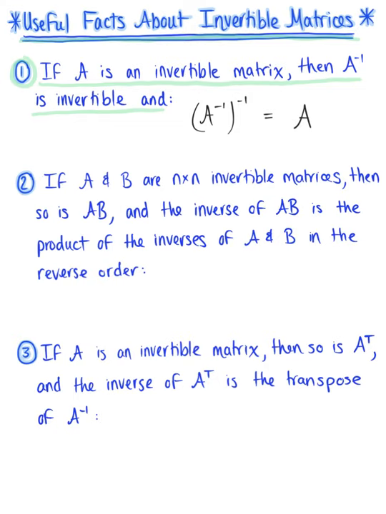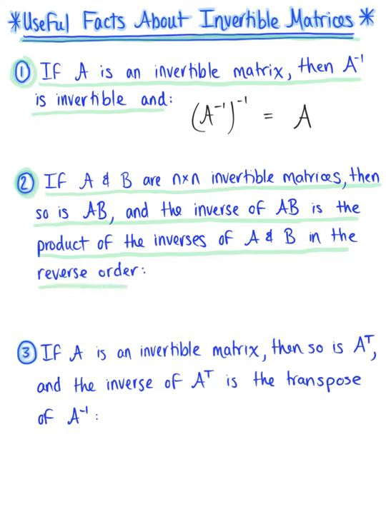The second useful fact about invertible matrices is that if matrix A and matrix B are n by n invertible matrices, then so is their product, matrix A times matrix B. And the inverse of matrix A times matrix B is the product of the inverses of A and B in the reverse order.